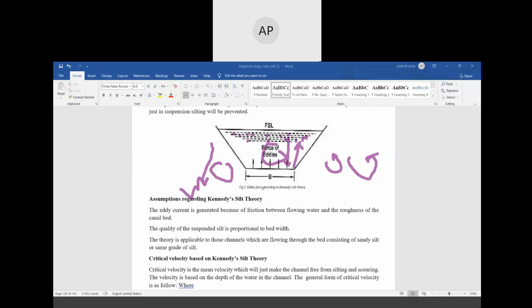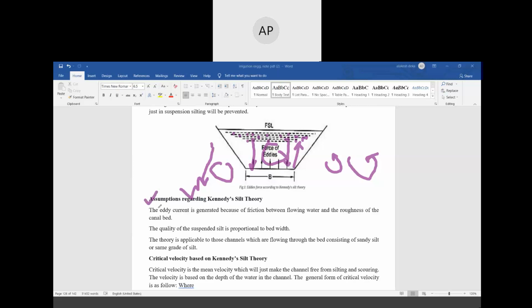So according to Kennedy's silt theory, these eddies are responsible for holding the particles in suspension, and the self weight of the particles is responsible for silting. Okay, so he made some assumptions.